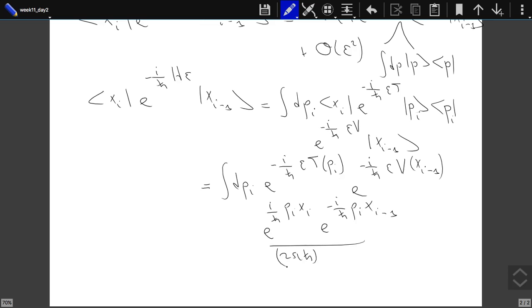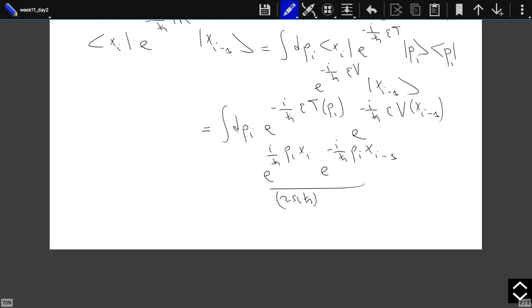Since we are in one dimension, it's just 2 pi h bar. In three dimensions, I would have a cube. This comes from the normalization of the plane waves, the matrix elements between xi and pi. So this is what we end up having for each one of these.